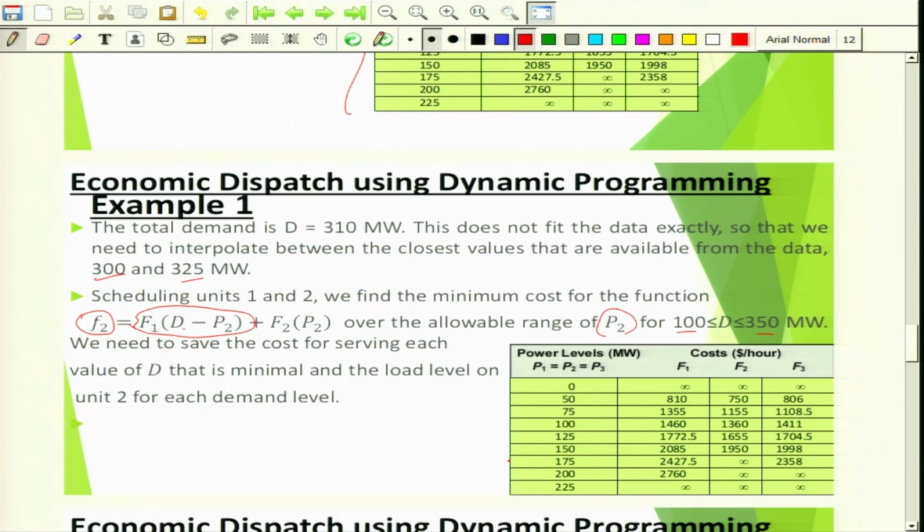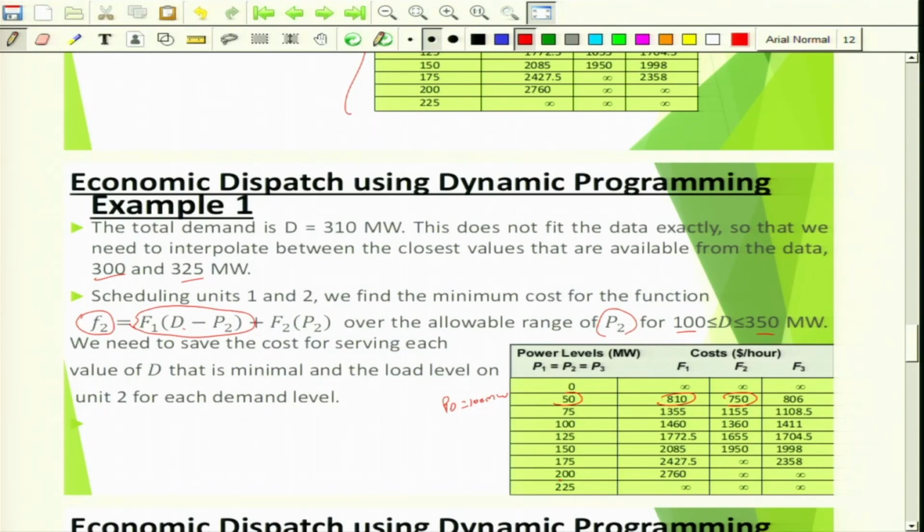That means let's consider just P1 and P2. What is the minimum generation that can happen combining P1 and P2? It will be 50 plus 50, right, because 50 each. This comes out to be PD equal to 100 megawatt. What is the maximum that you can get?